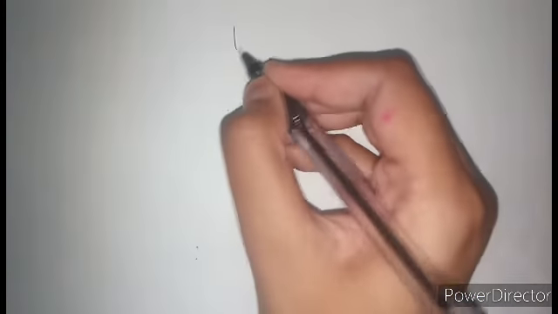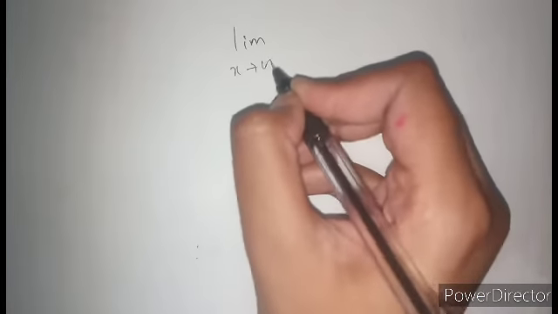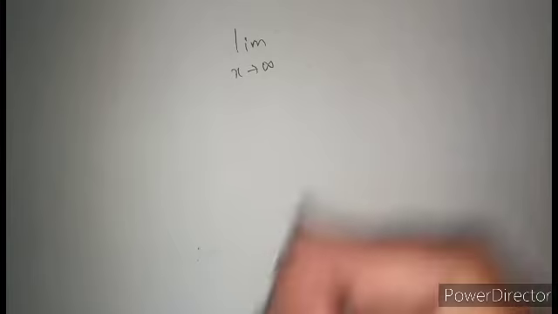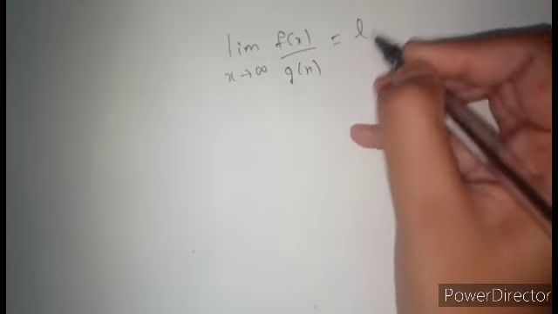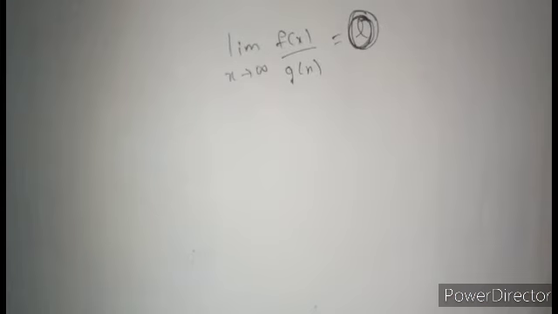Now let me sum up. If they have given x tending towards infinity and a function of the form p by q, then what will be the value of this L, okay?